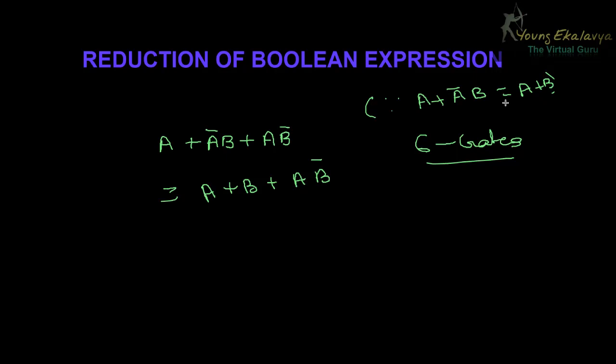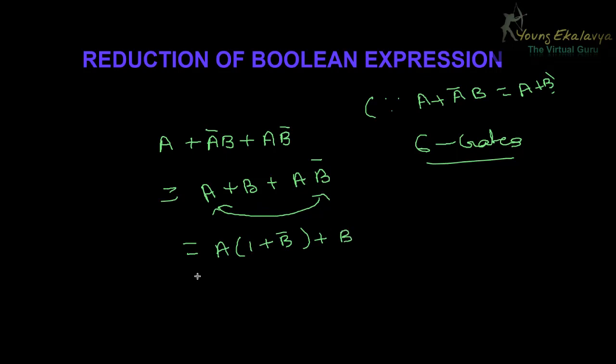And now here you can see that in these both we take A as common. So what do we get? 1 plus B bar plus B, that is this term.